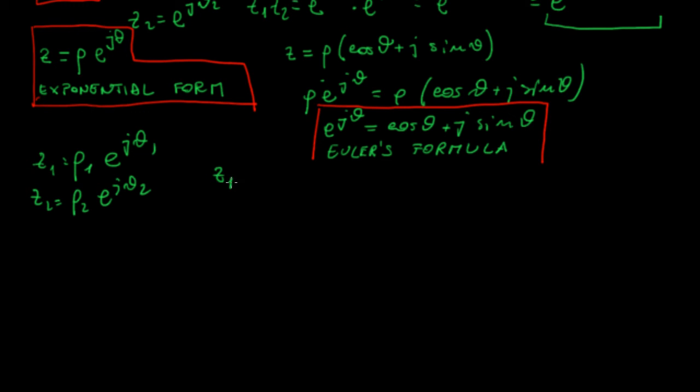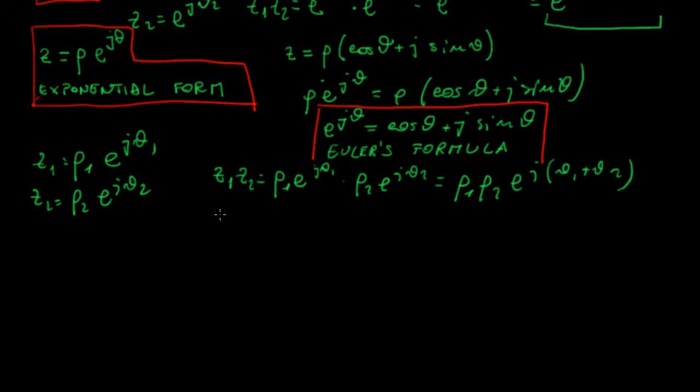Well, the multiplication z1 times z2 is just given by rho 1 e raised to j theta 1 times rho 2 e raised to j theta 2, which is rho 1 rho 2 e to j theta 1 plus theta 2. So what we must do is just multiply the moduli of each complex vector and add the arguments of each complex vector.